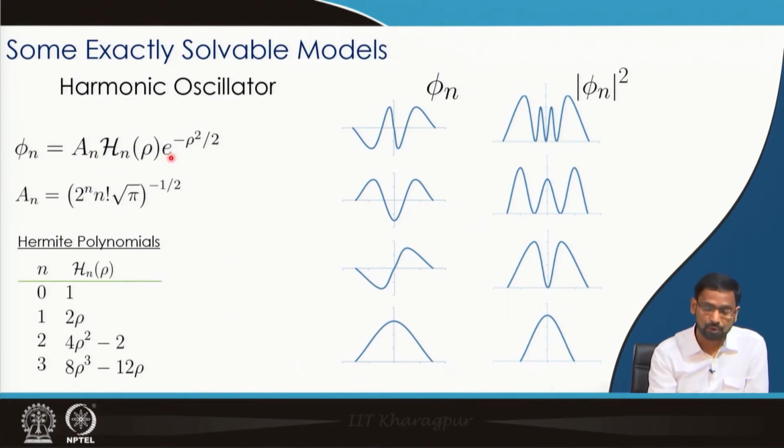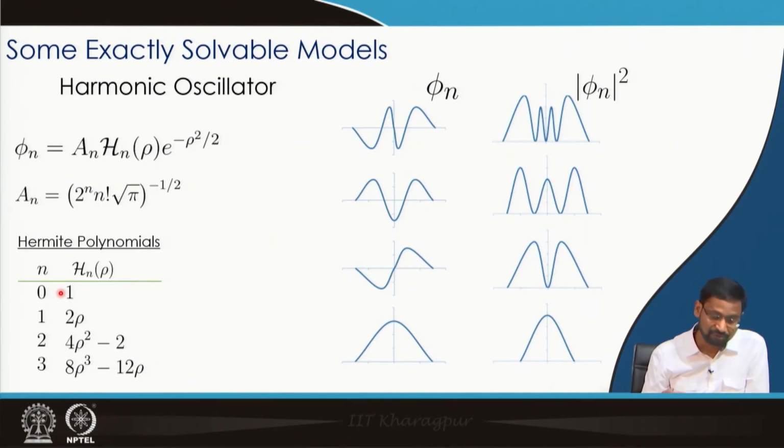Now, if I plot this wave function for different values of n, this is what I get for n equals 0, n equals 1, n equals 2, n equals 3 and so on. One thing you observe is that e to the power minus rho square by 2 is common to all of them, and this is an even function. If you look at the Hermite polynomials, each Hermite polynomial of order n has a definite parity.